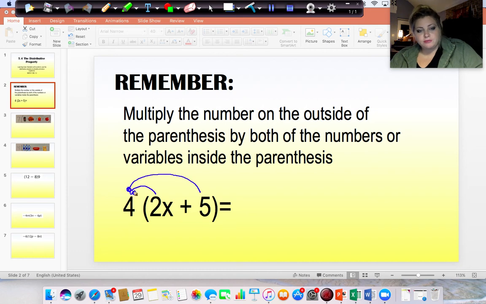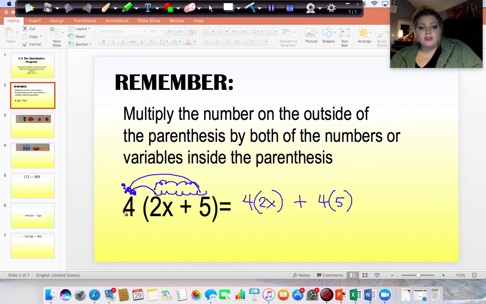See, it's like a little Santa hat. Double rainbow or Santa hat, whatever you want to think of it as. You're just multiplying the number on the outside by both of the numbers on the inside.